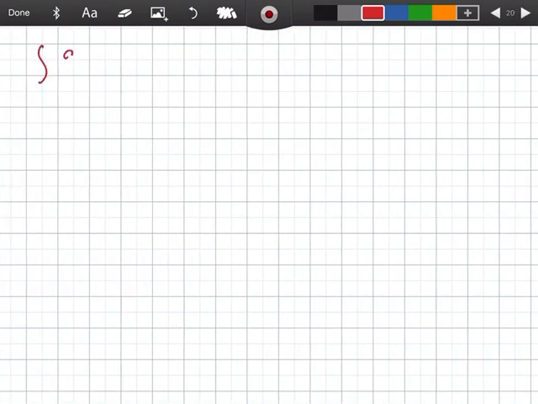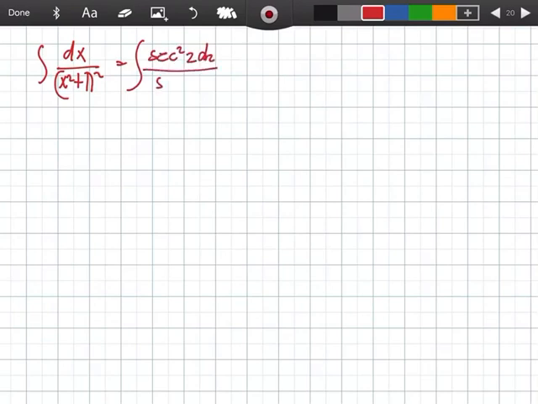So, the integral of dx over x squared plus 1 squared becomes secant squared z dz over secant to the fourth z. That will cancel, and becomes cosine squared z dz. So, what is the integral of cosine squared z dz?